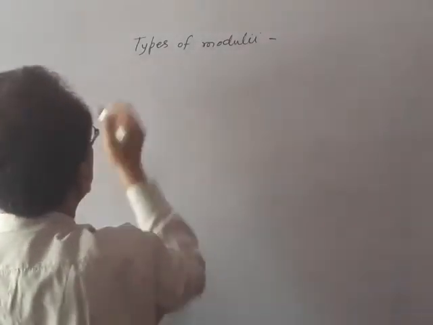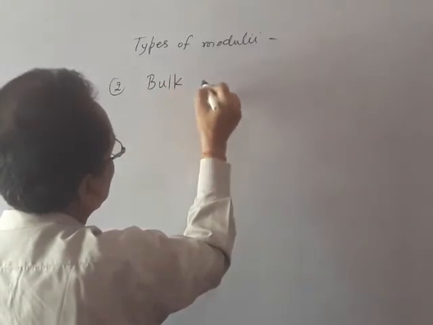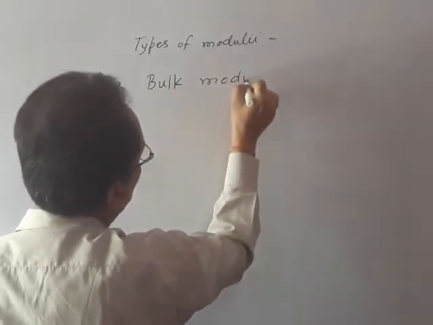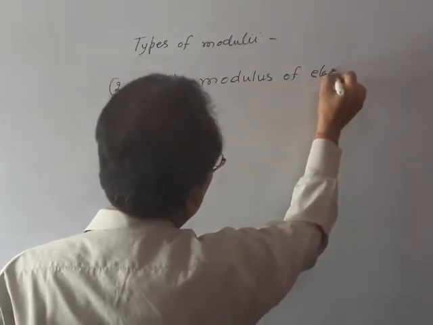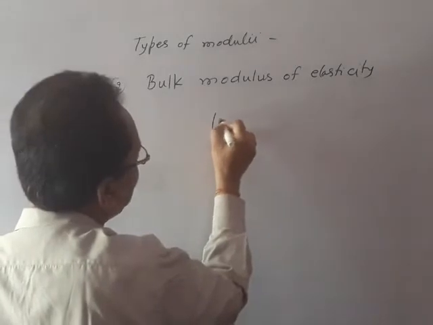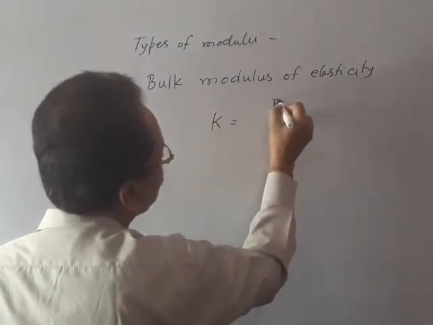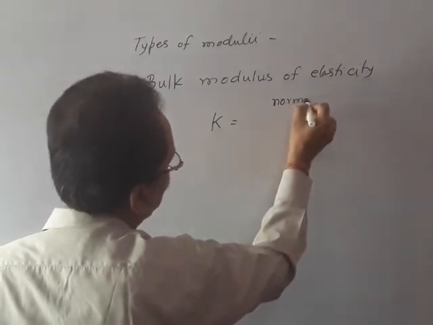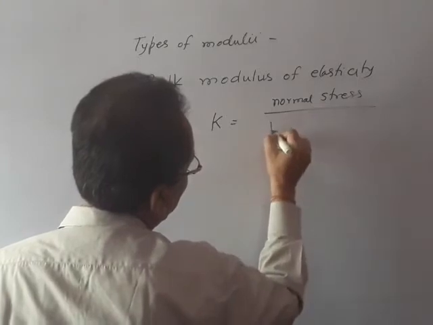is the bulk modulus of elasticity. It is represented by K, and this is defined as the ratio of normal stress to volumetric strain.